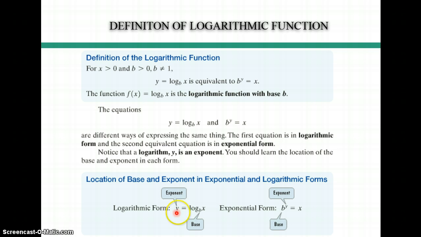Y is the location of exponent in logarithmic form of equation. Here b is the location of the base. In exponential form, here b is the location of base. Here y is the location of exponent.